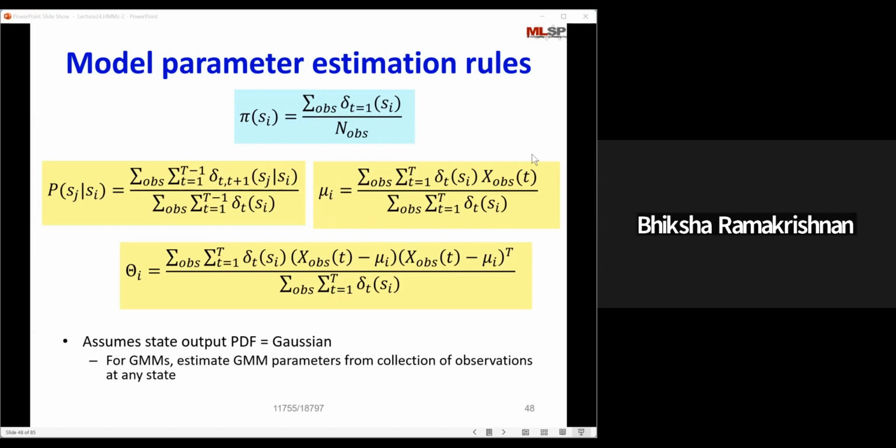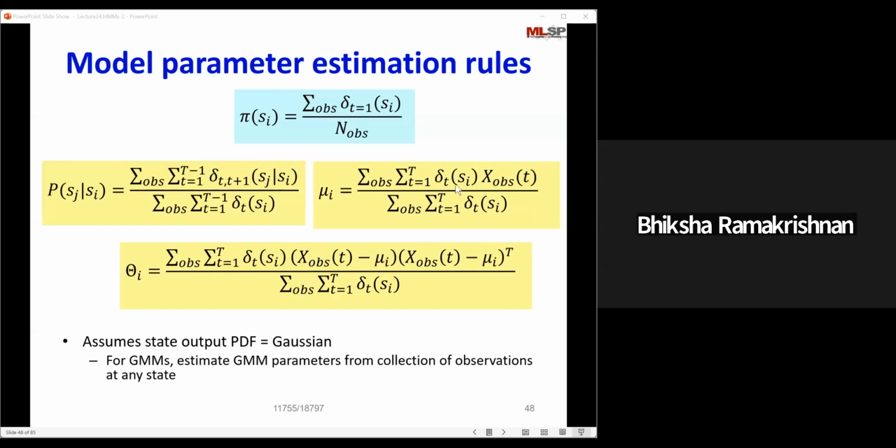Now let's look at this term over here. This is the update formula for the means. The denominator, again, is simply counting the number of times the state Si happened. In the numerator, I'm summing over all observation sequences and over all time instants, and at each time instant I'm adding the observation if the state at that time was Si.